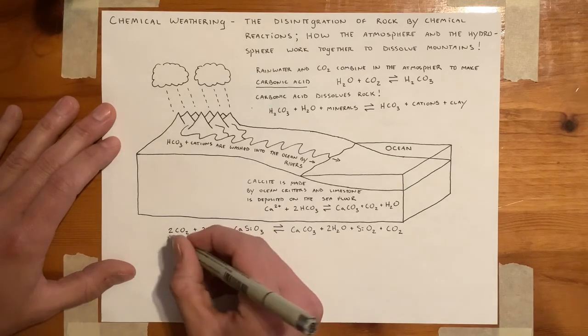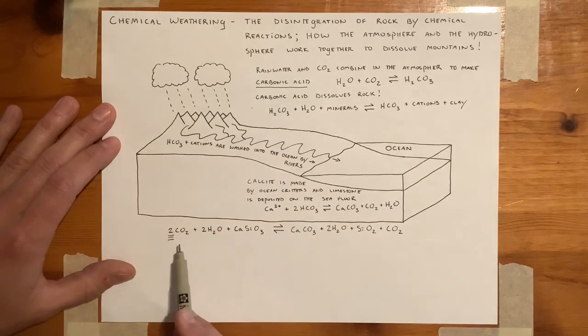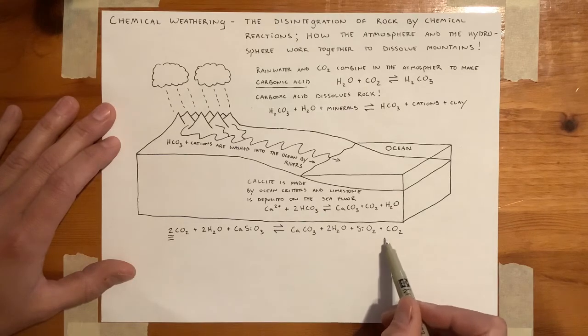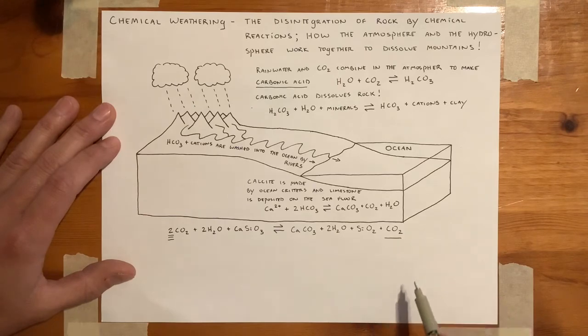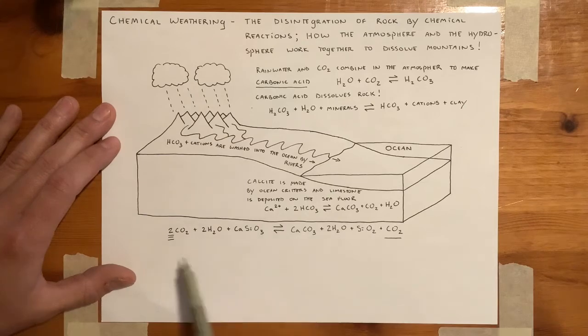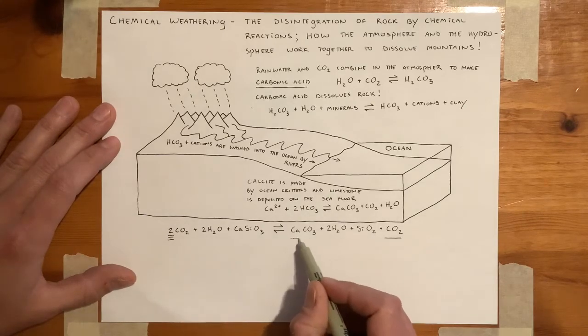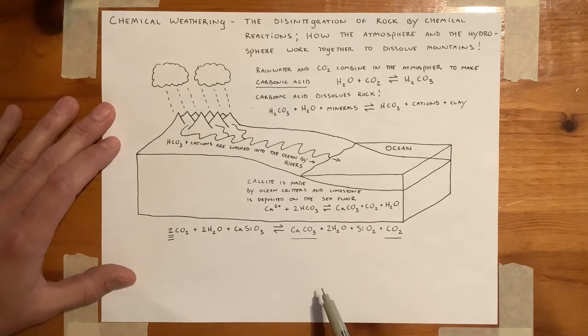You'll notice that at the front end of the reaction, there are 2 molecules of CO2 that are consumed. And at the end of the reaction, we've only got 1 molecule of CO2 that's released. So the net effect is to take CO2 out of the atmosphere and trap it in rocks, namely as limestone.